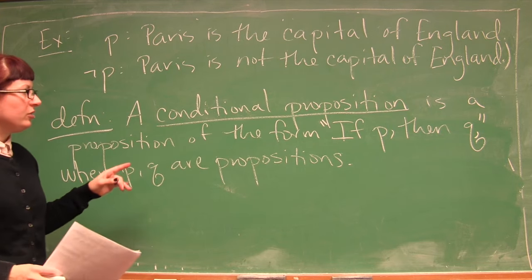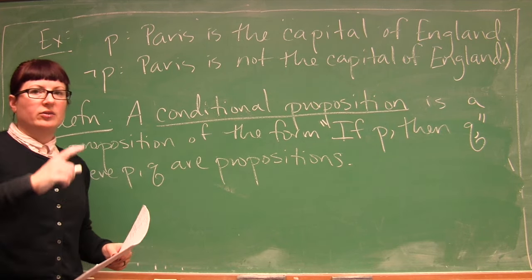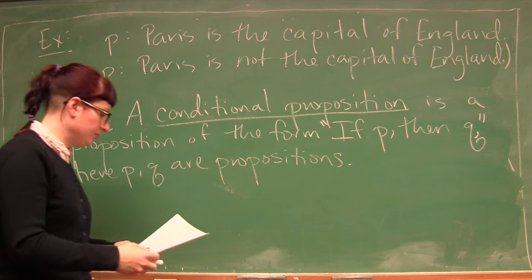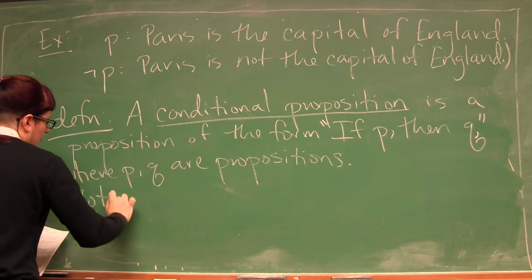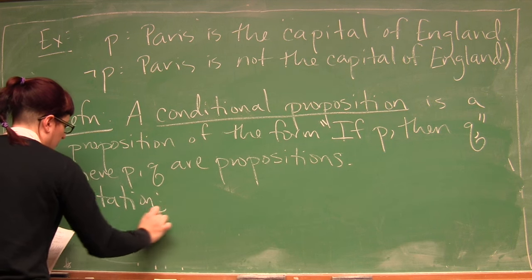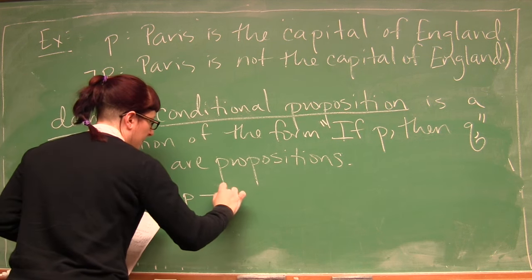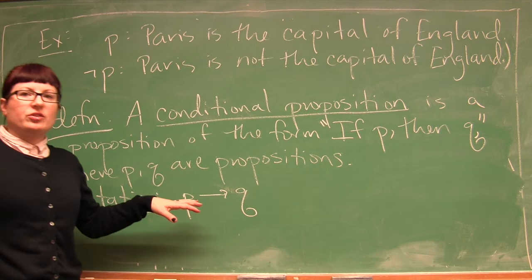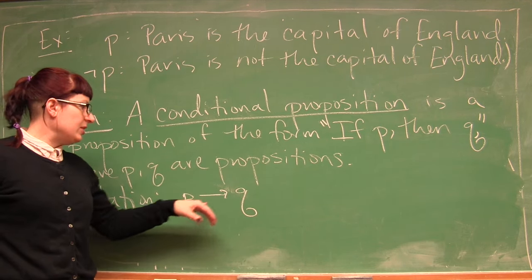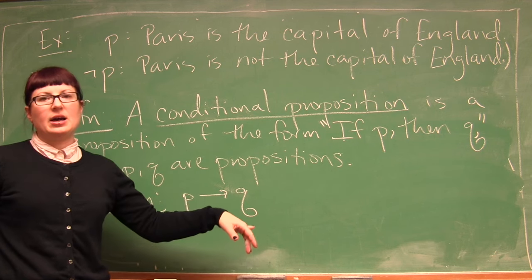So the notation we use for a conditional proposition is P arrow Q. And we can either read this as if P then Q or P implies Q.